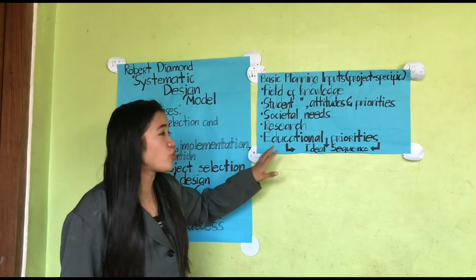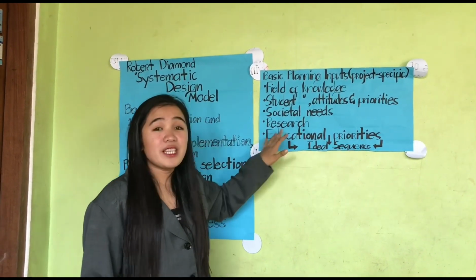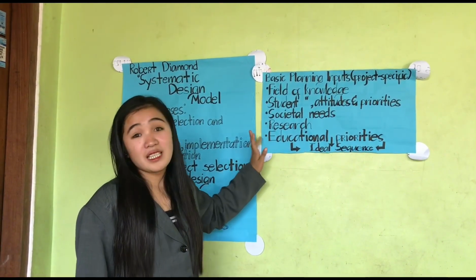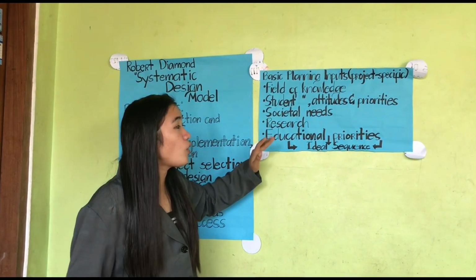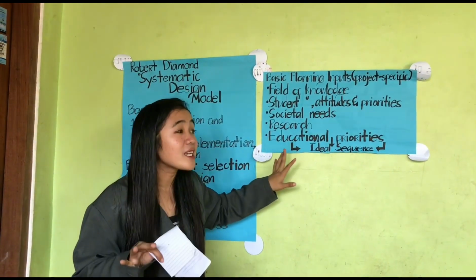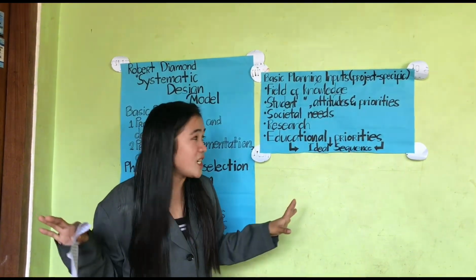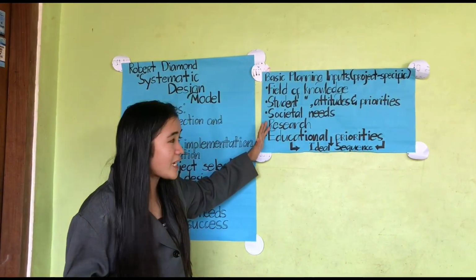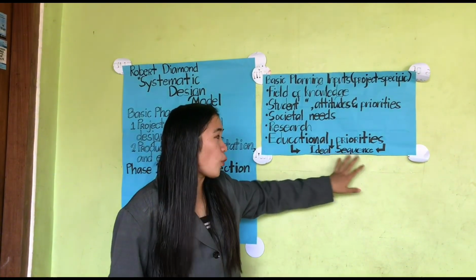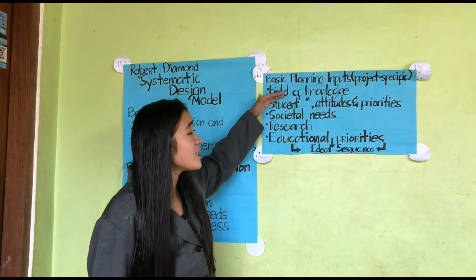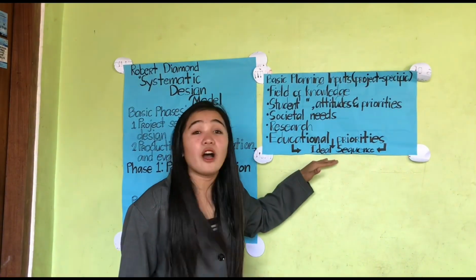And last is educational priorities. These educational priorities lead to curriculum development, which means we're going to prioritize education in all terms based on all the observations we did. And these 5 things are called the ideal sequence, which means it has a process and it is the idea of the people itself.